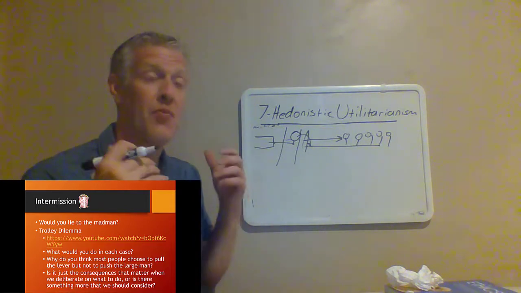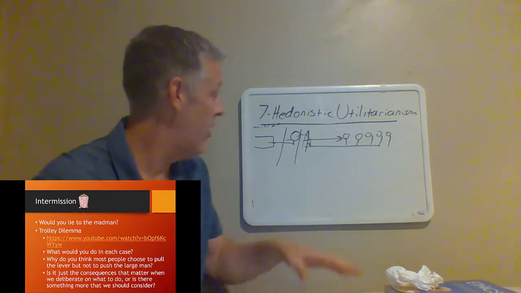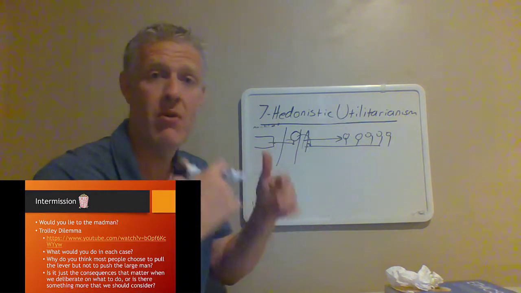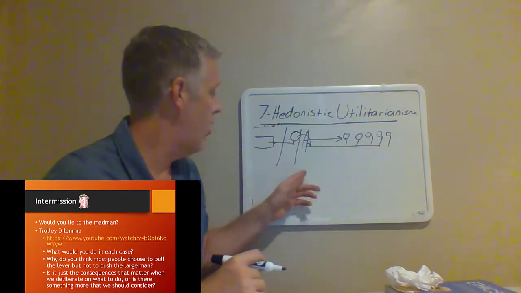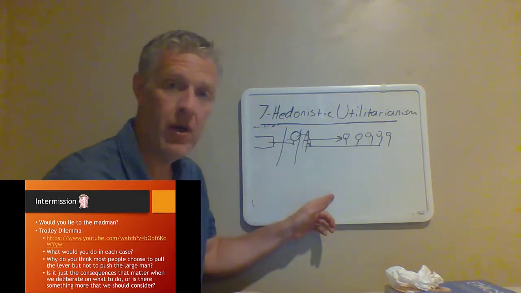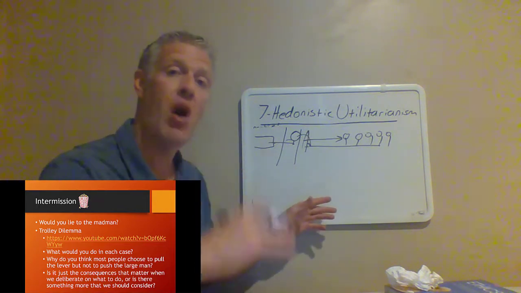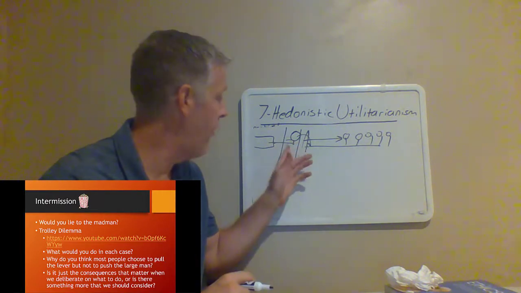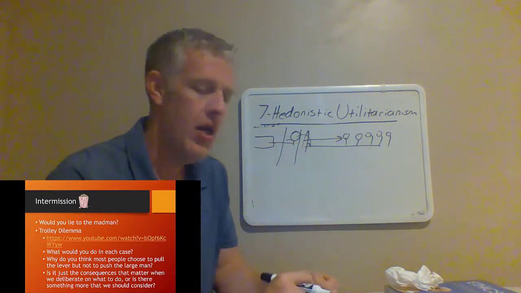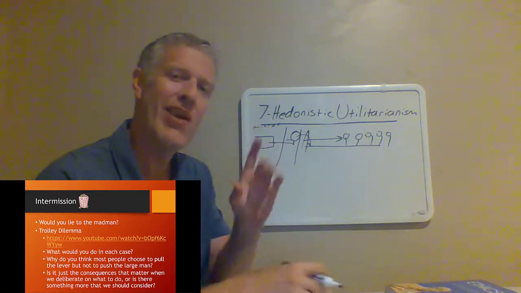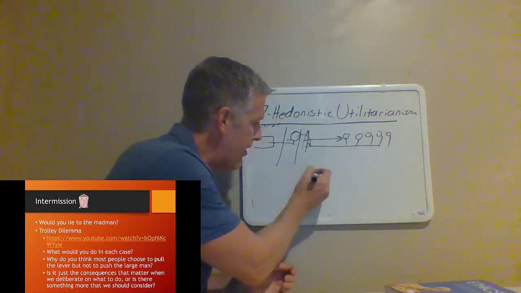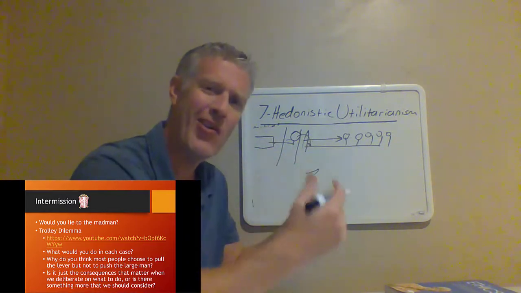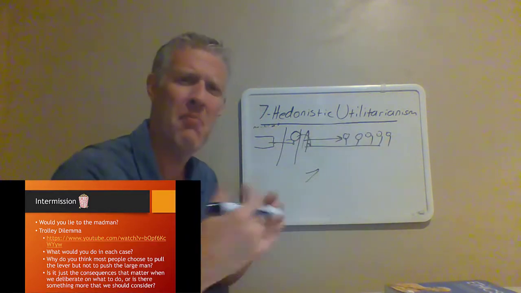And I think it's fascinating, as the video points out, that while 95% of people, and this has been verified in numerous studies, will pull the lever, a much smaller percentage are willing to push the large guy over the bridge. Why is that? So you can see what I was saying earlier. What seems like a pretty obvious thing, pull a lever, 1 versus 5, gets harder and harder. Well, what if I have to push somebody over a bridge?